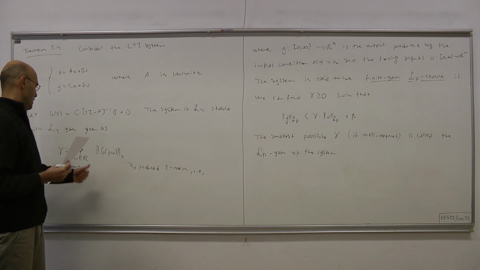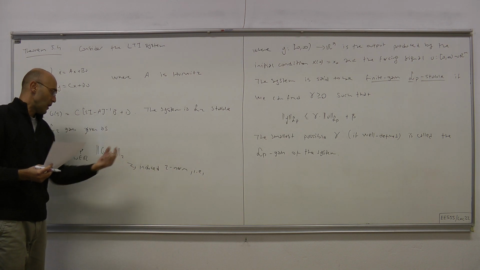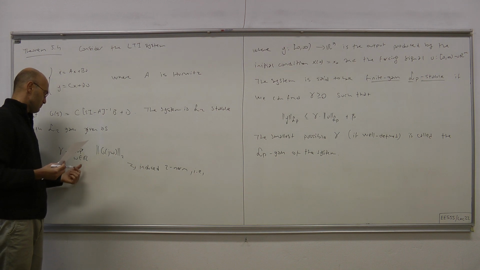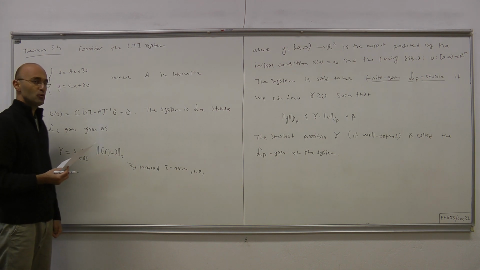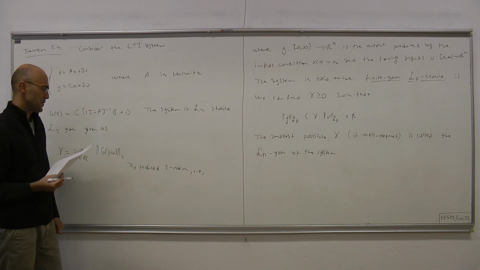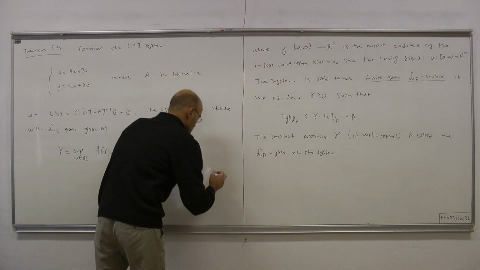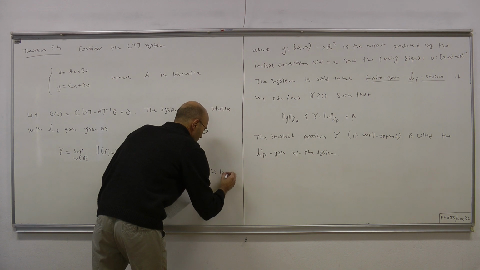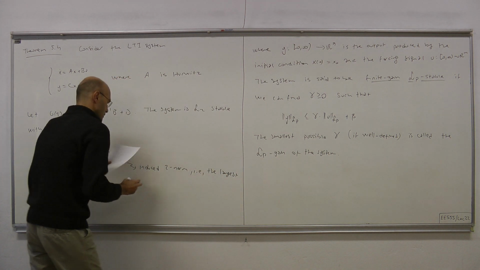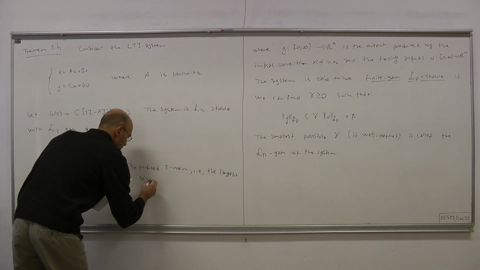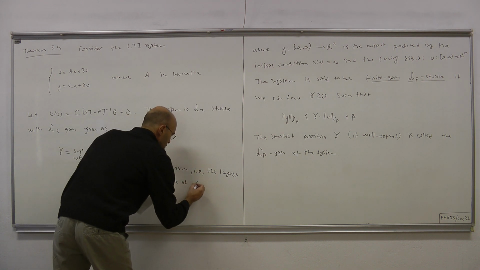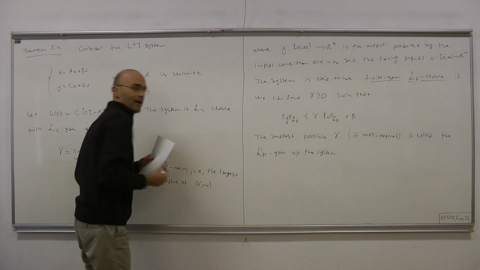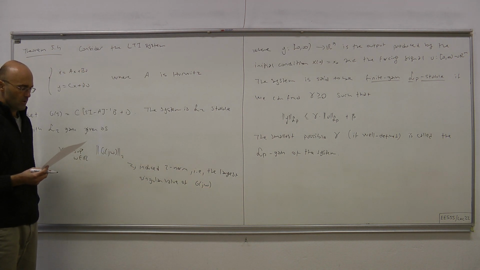And then you take the largest of all those largest singular values, and that's your L2 gain for this linear system. That is the largest singular value of G of j omega.